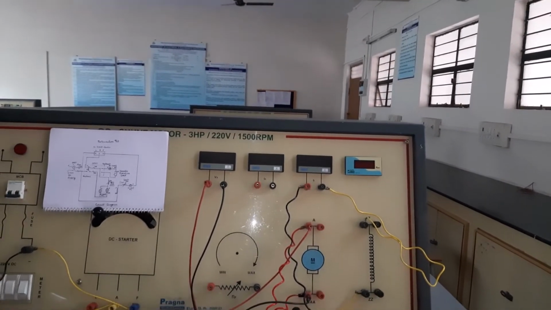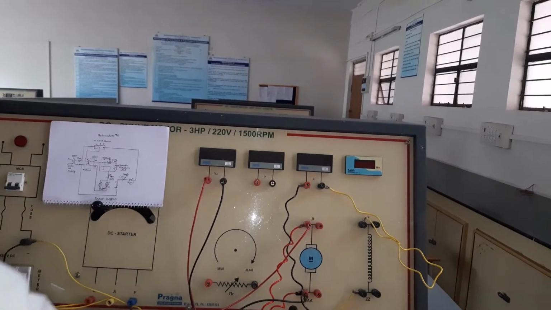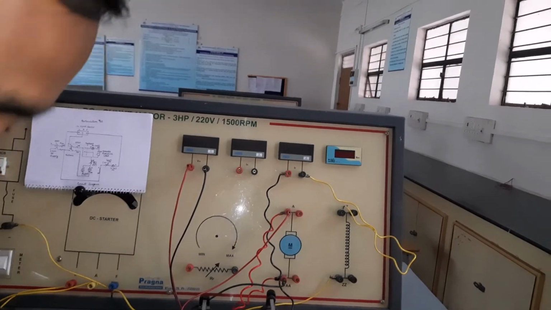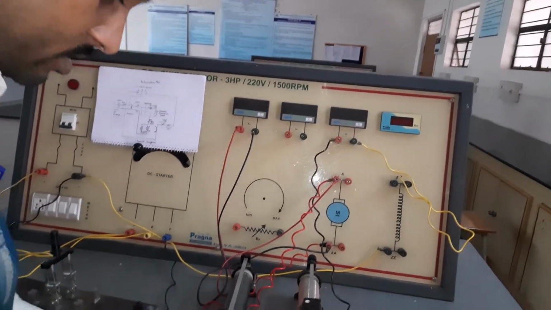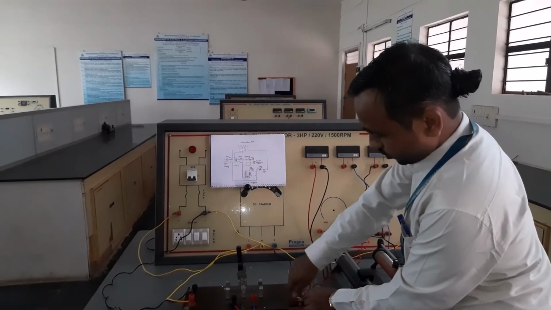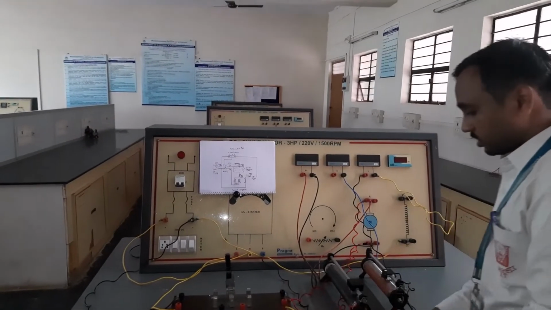This is the 2 dash terminal, the second dash terminal, and 1 dash is connected directly to the motor, and the 2 dash terminals go to the load through the ammeter to find out the load current.